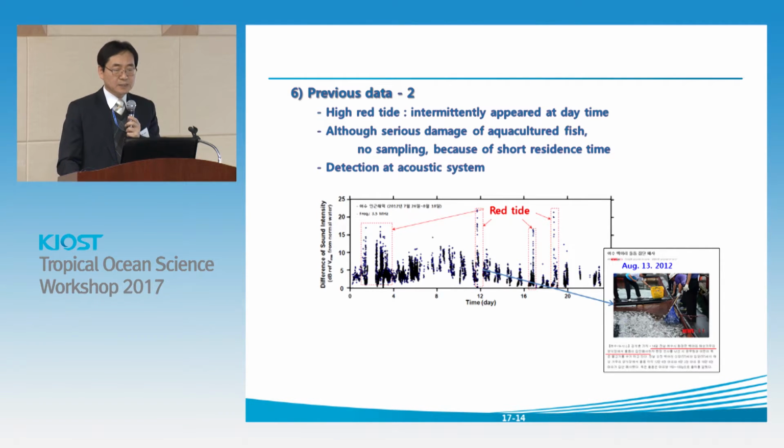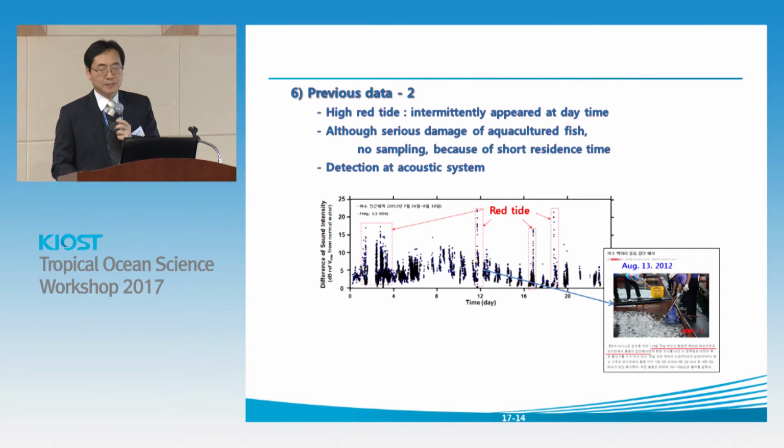And also, it isn't mentioned here, but it is very useful for detection of red tide during the night time. At night, people cannot go into the sea and monitor the occurrence, but since this is real time, it is very useful. In Korea, mostly the fish kills occur during the night time.